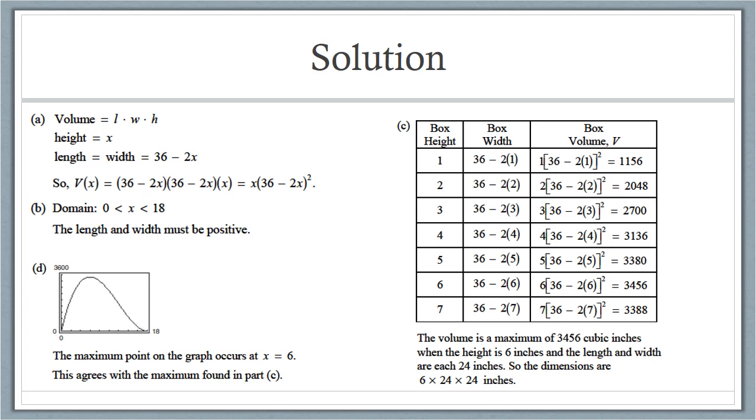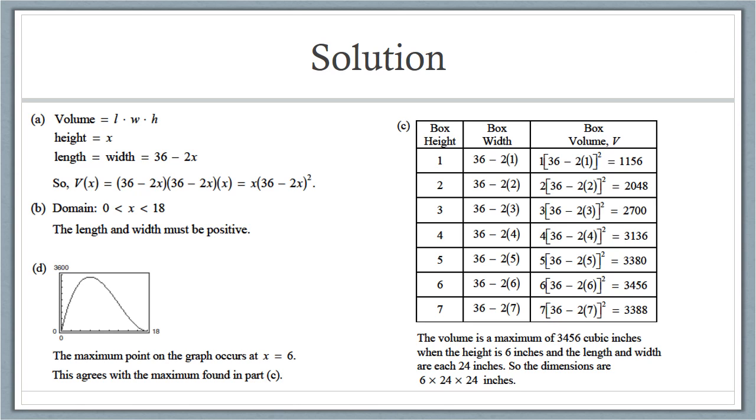That's the highest from this chart, and then after 6 inches the volume starts to go back down. So you didn't have to try every number in the domain, just until you saw the progression start to diminish. So according to our table, the maximum volume is going to be 3,456 cubic inches. The height will be 6 inches, and the length and the width will each be 24 inches.